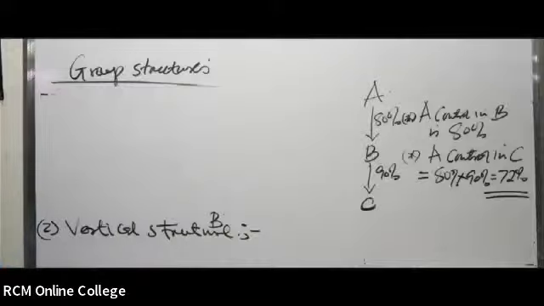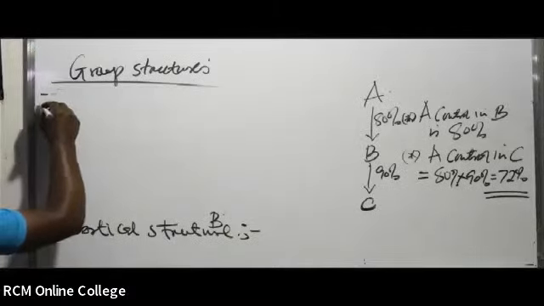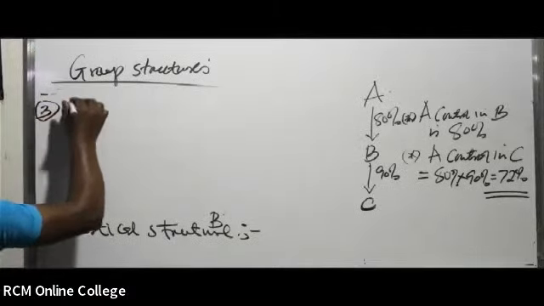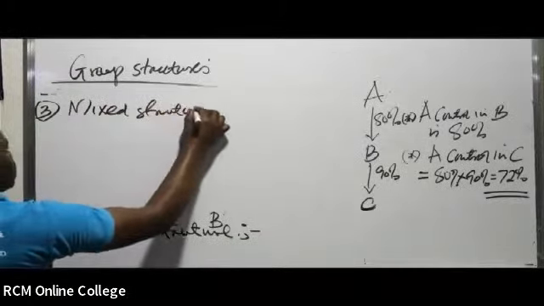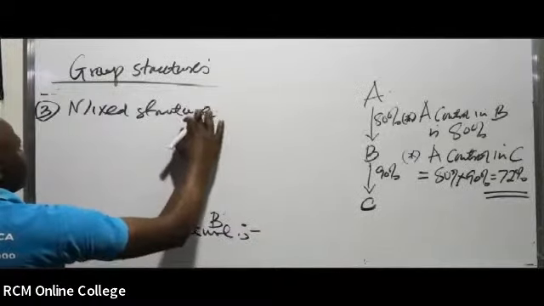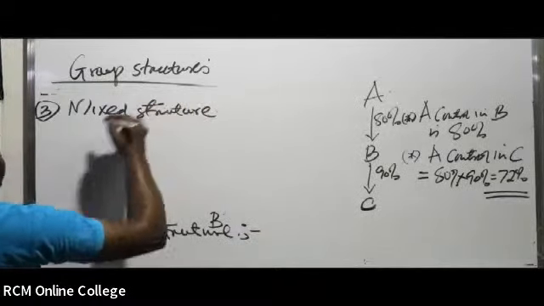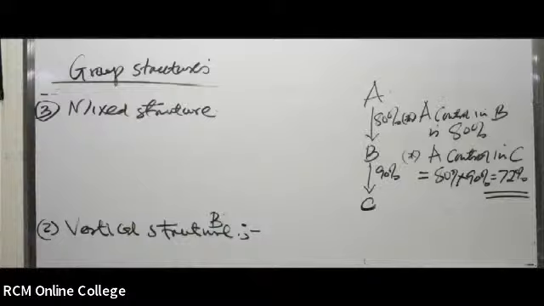Then number 3 structure is what we call a mixed structure. A mixed structure is just mixed. It's just jumbled up. So this is about a mixed structure.